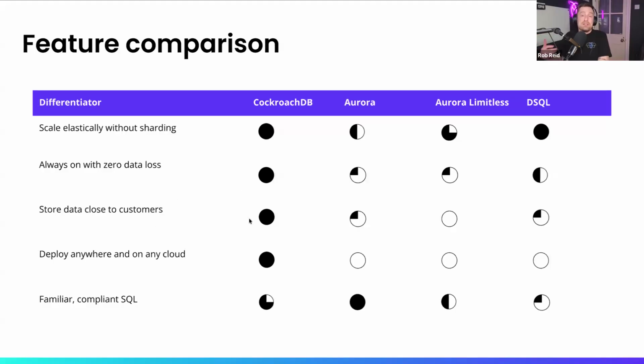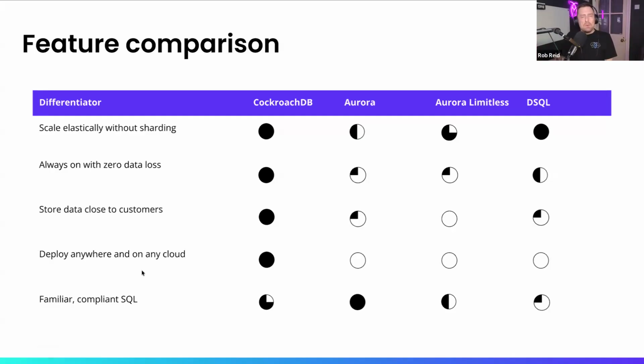CockroachDB has built-in geo-partitioning, so you can pin tables or individual rows wherever they need to be within your cluster. So different rows for different countries for different users. This isn't possible for the AWS products, so they have an empty pie here.